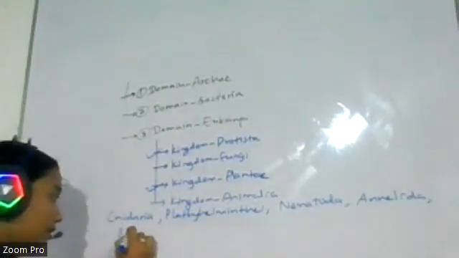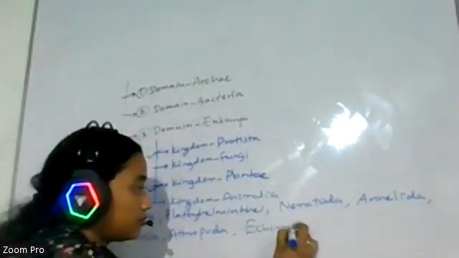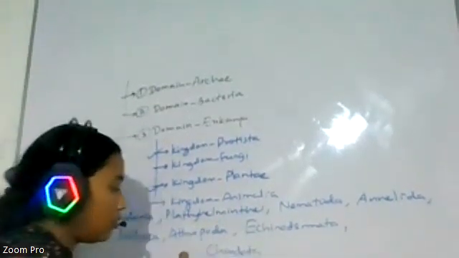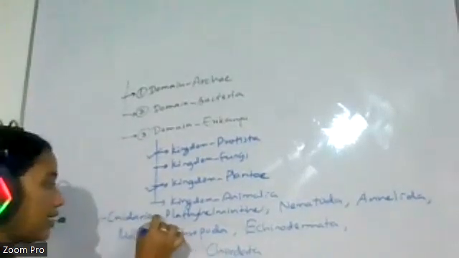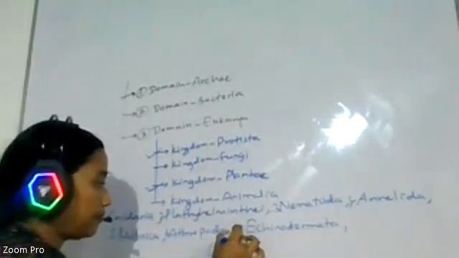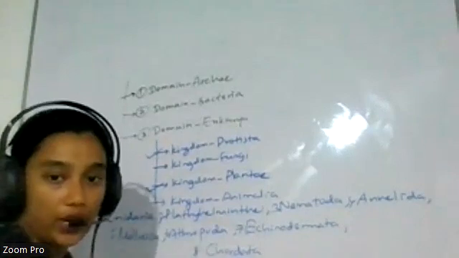Annelida, Mollusca, Arthropoda. Then Echinodermata and Chordata. First one Cnidaria, second Platyhelminthes, Nematoda, Annelida, Mollusca, Arthropoda, Echinodermata, and Chordata.